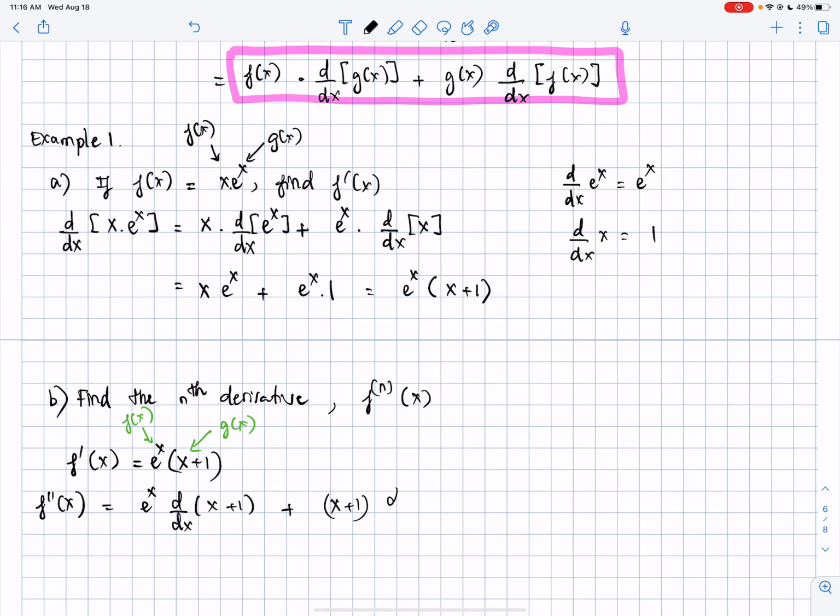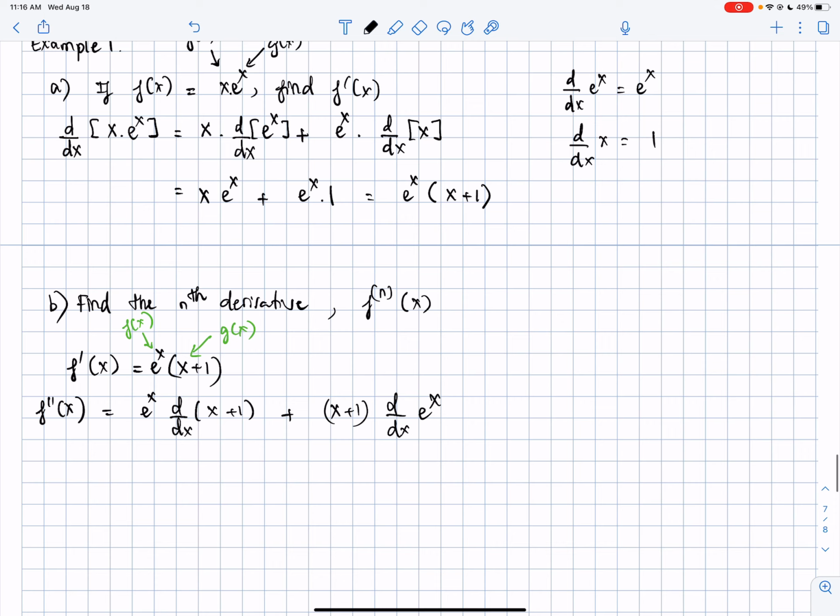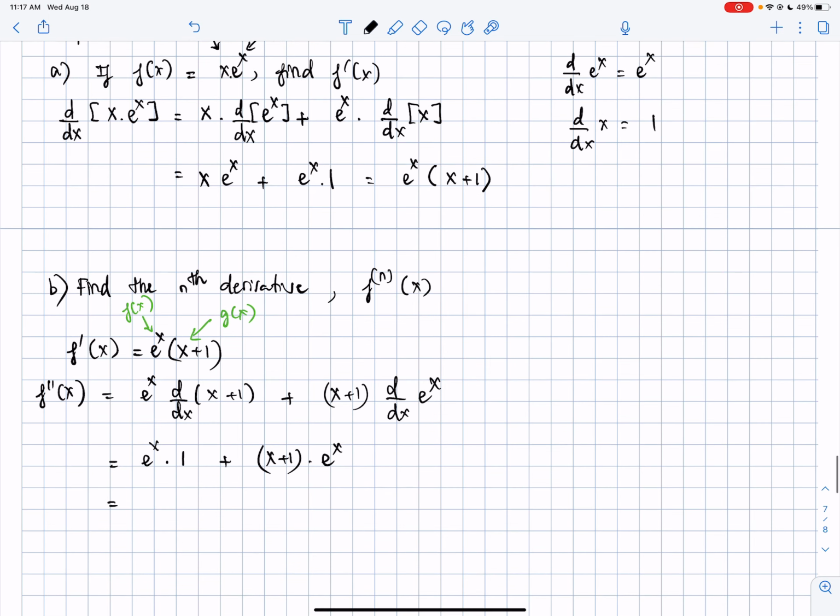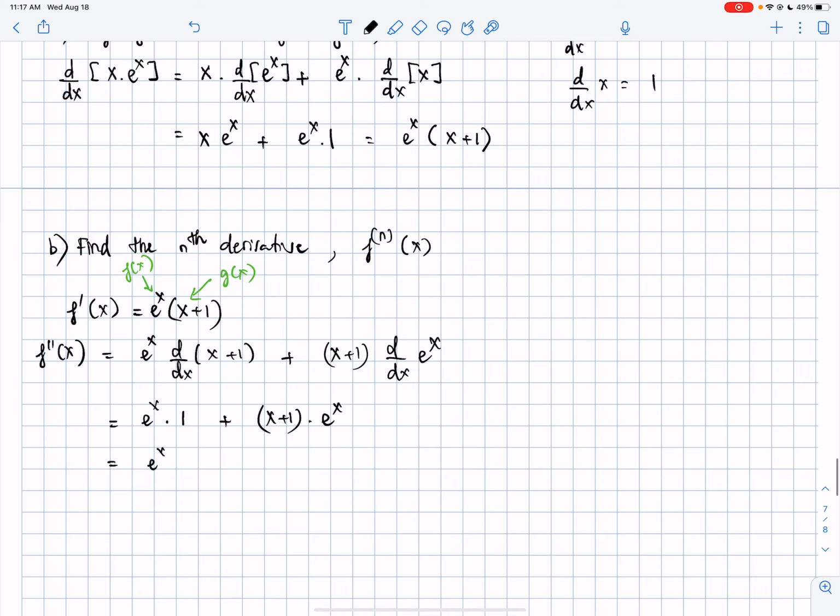We apply the formula. So the first derivative of x plus 1 is 1, plus x plus 1, and then e to the x, the first derivative is e to the x. Now simplify this a little bit so we can factor out the e to the x. So we get 1 plus x plus 1. Simplify inside the parentheses, so we get x plus 2.